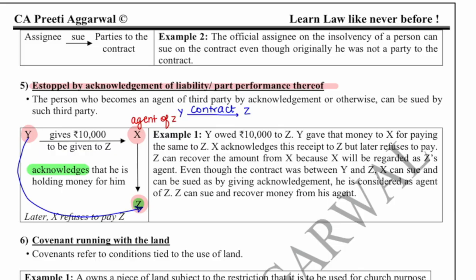Can Z sue X? Yes. See, Z doesn't have a contract with X, but because X has given acknowledgement, he is considered as agent and we can sue our agent. So yes, Z can file a case against X. So there is a contract between Y and Z. X is actually a stranger, but because he has given acknowledgement, he is considered as our agent and we can sue our agent.